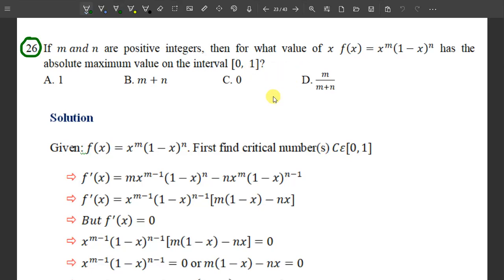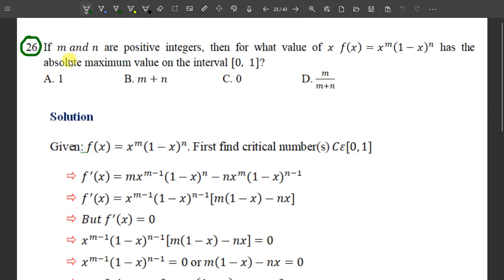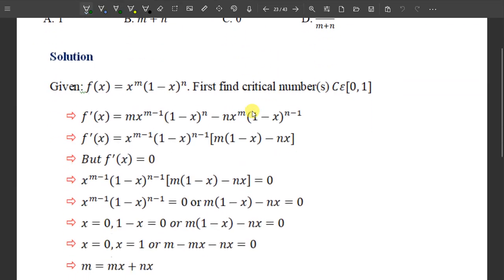Therefore, the absolute maximum can only be obtained at the critical number in that case, since m and n are integers. That critical number can be obtained by differentiating the function.